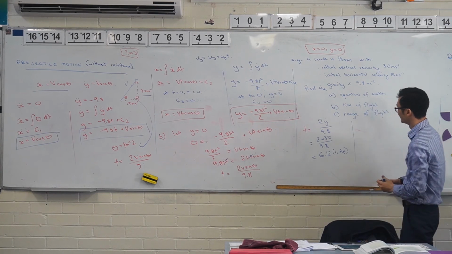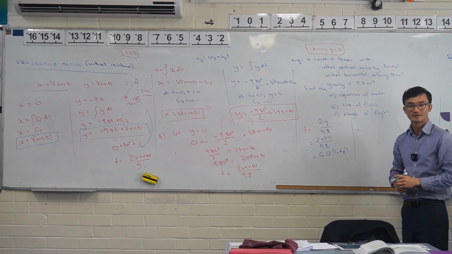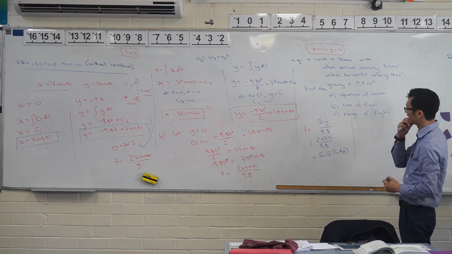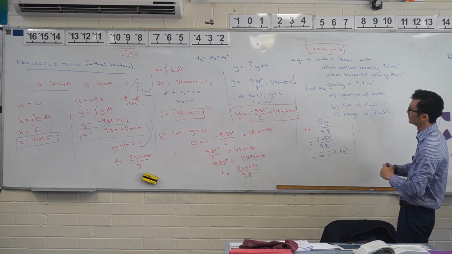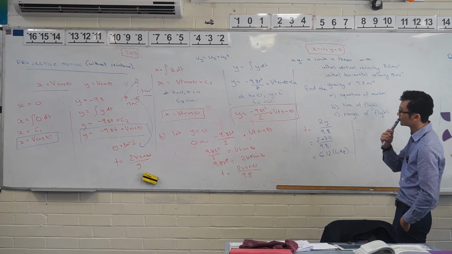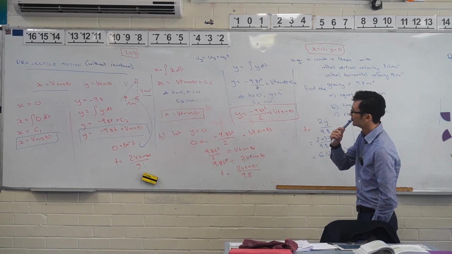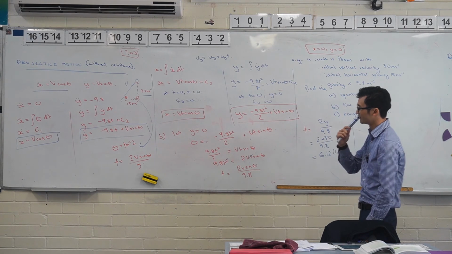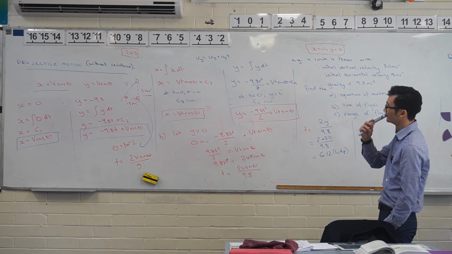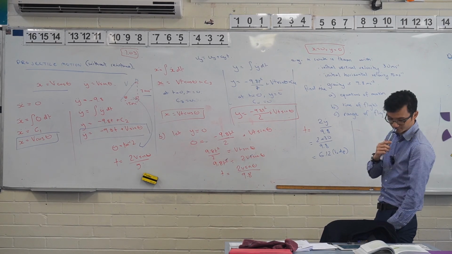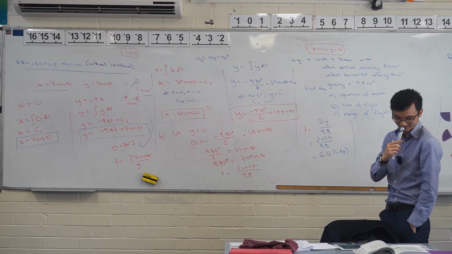Yeah, I already did that. 91.8 meters. And how do you get range of flight? Well, I just multiplied the horizontal velocity by the time of flight, because it's not resisted, right? No, it's not. So it's just traveling 15 meters per second for 6 seconds. Can you do that? Oh, yes, you can.